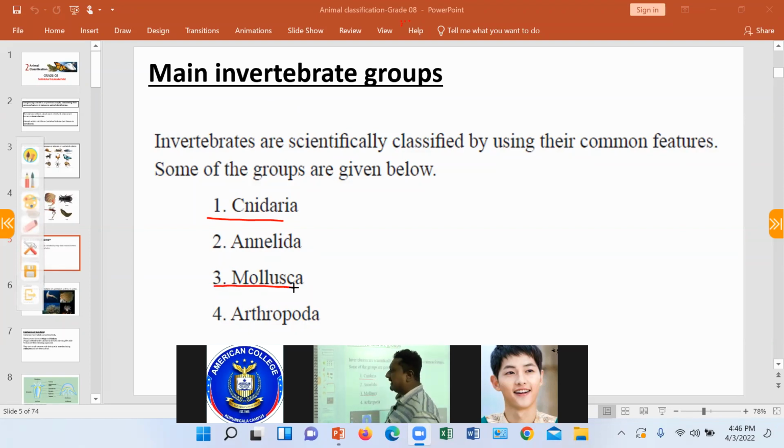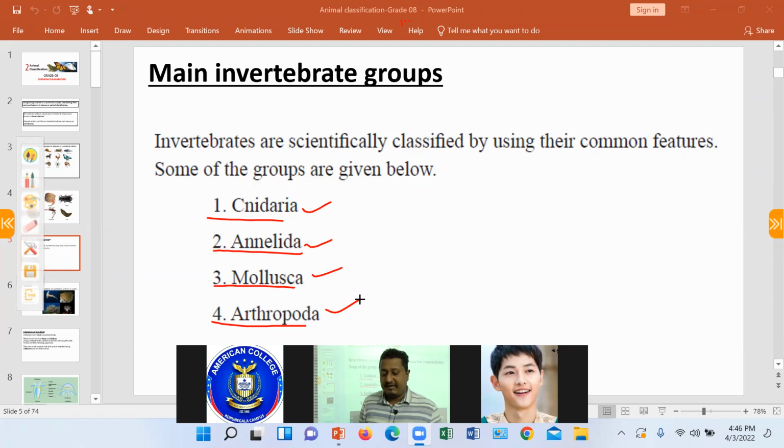Mollusca. And the last one? Arthropoda. That's right. Cnidaria, Annelida, Mollusca, and Arthropoda. These are the main 4 invertebrate groups.